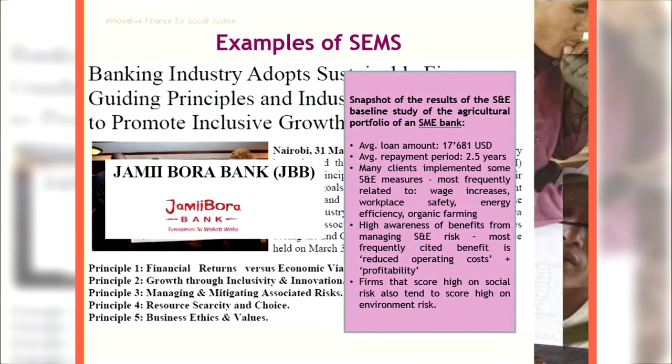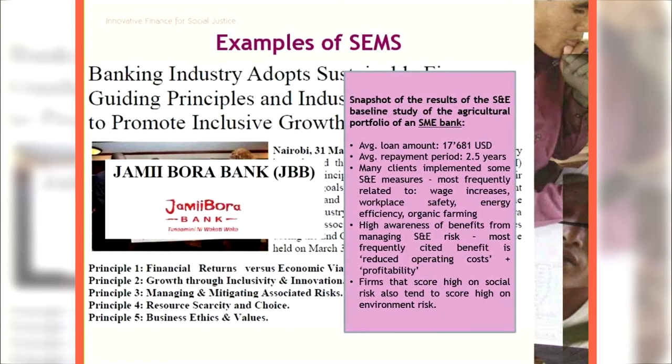We did see a couple of issues featuring, including a small tendency toward child labor, and occupational safety and health issues were there, though not so much formalization. We also saw that many of these SMEs already implemented some S&E measures related to wages, workplace safety, and so forth.